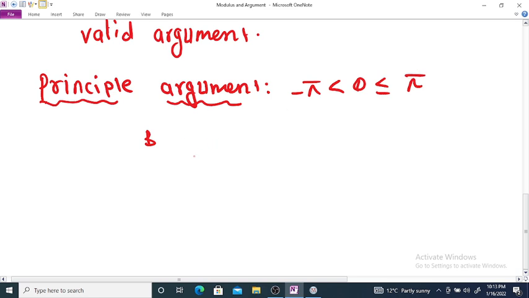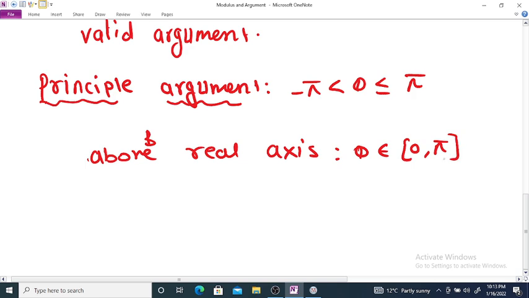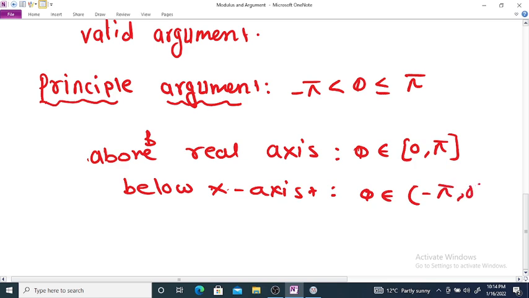So if it is above the real axis, then the angle theta lies between 0 and pi, and if it is below the real axis, or x-axis, theta lies between minus pi and 0. Again, the principal argument can be calculated by using the location of the complex number.